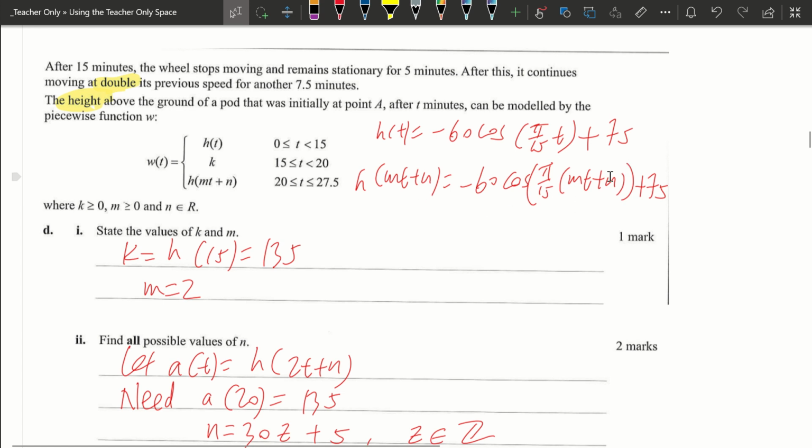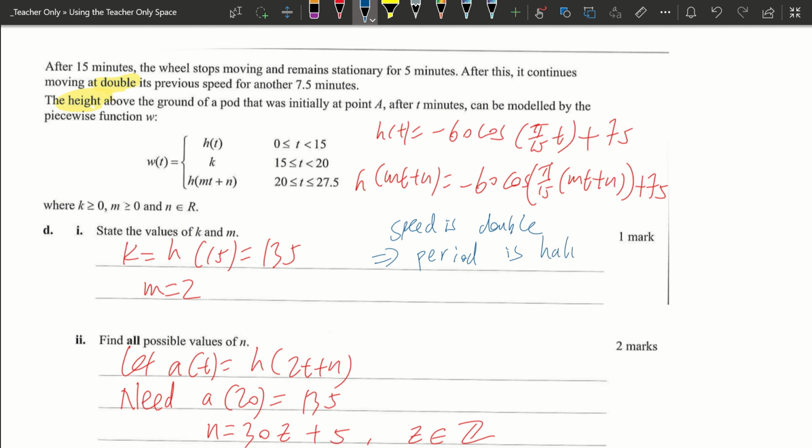And so basically, if the speed is double, it means the period is half, right? Period is half.